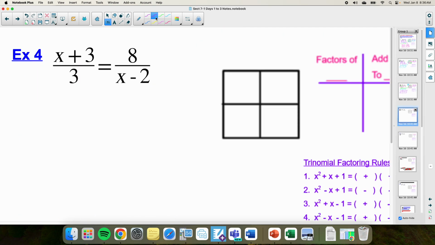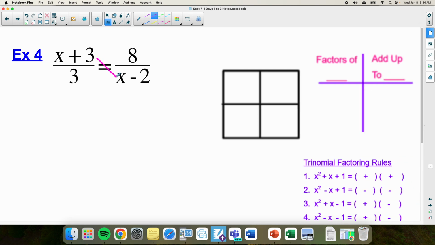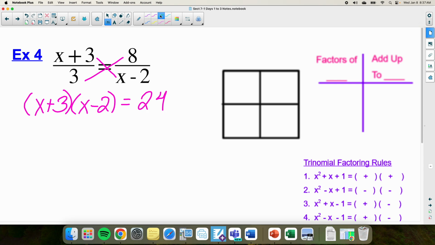So let's look at this one. We're going to multiply this. And we have x plus 3 times x minus 2 equals 3 times 8, which is 24. Okay? Now we are going to do FOIL again. The F of FOIL is first. So it's the first thing here times the first thing here, which is x squared.